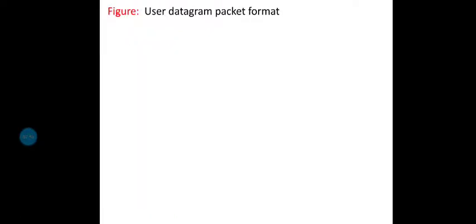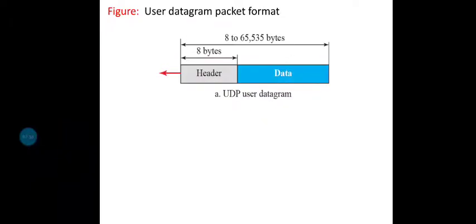The datagram packet format looks like this. The UDP user datagram is a total of 65,535 bytes. Out of that we use 8 bytes as the UDP header.